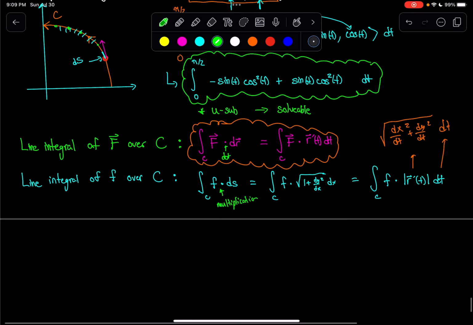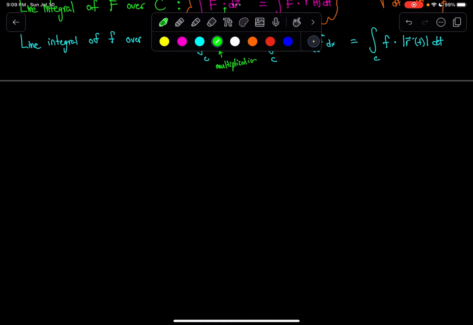Now, there is one more relationship between line integrals over vector fields and line integrals over scalar fields.